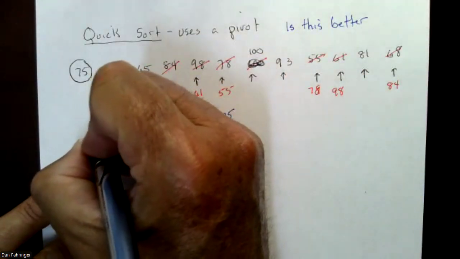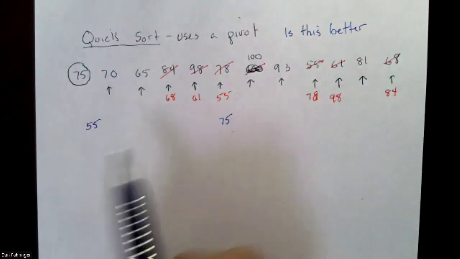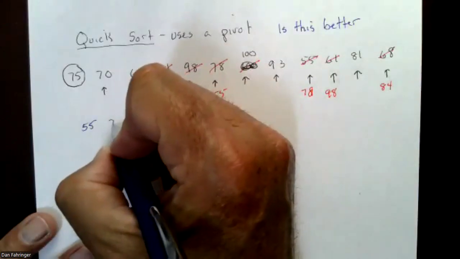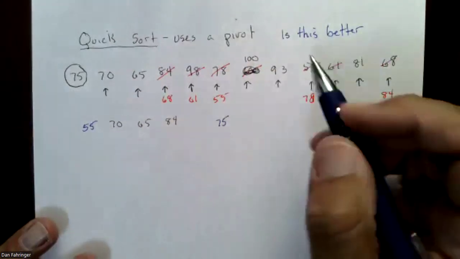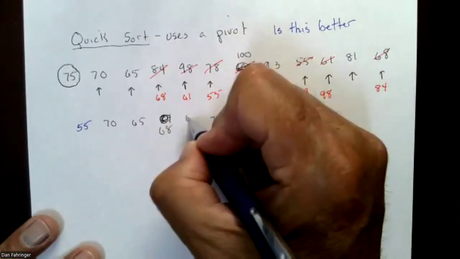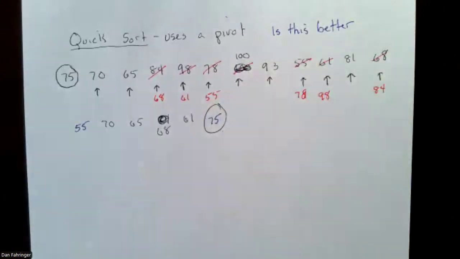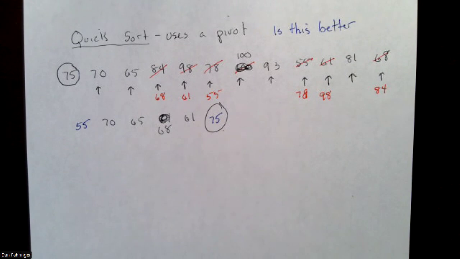55 is going to move over to the beginning. Now, what do I have between them? 70, 65, 84. Excuse me, 68 and 61, right? My pivot's in the middle. All the numbers less than are to the left.